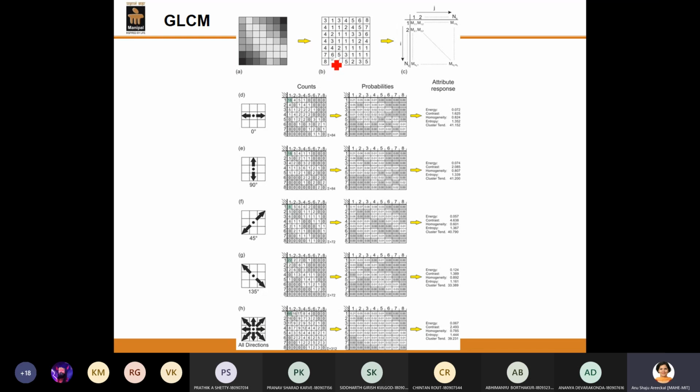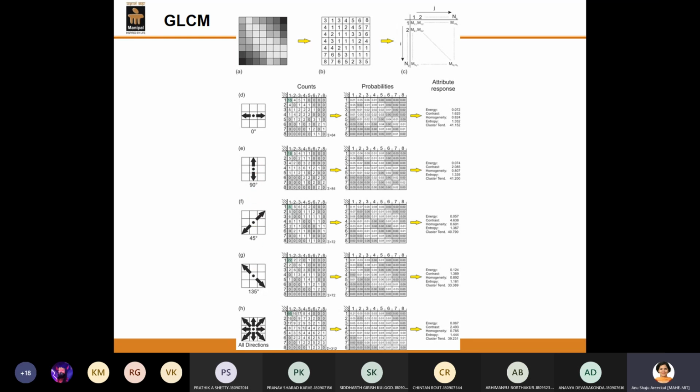So when you're calculating the GLCM matrices, you can calculate for different directions. So you have 0 degree, which takes both 0 1 as well as 0 minus 1 into consideration, right? And similarly you have 90 degree, where you have 1 0 and minus 1 0, which are taken into consideration, and so on.